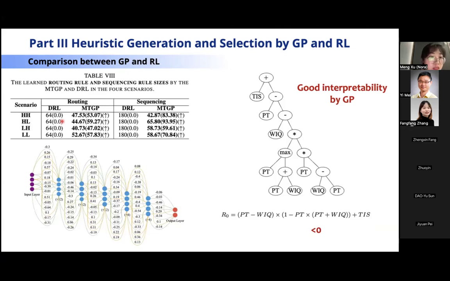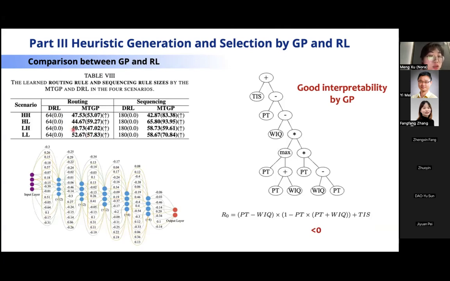As we can see, because we define the network in advance, the rule size stays the same for all different runs. But MTGP can not only optimize the parameters, but also the tree structure, so for different runs we might get a different size of routing rule and sequencing rule. From this comparison, we can say that MTGP provides a smaller rule size.